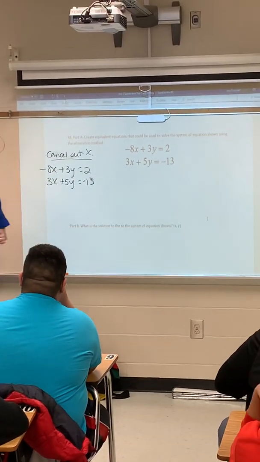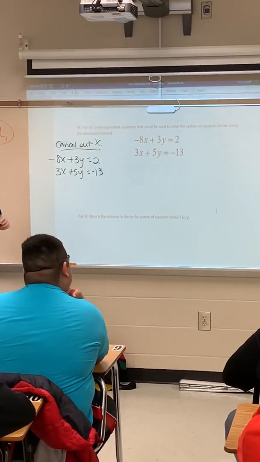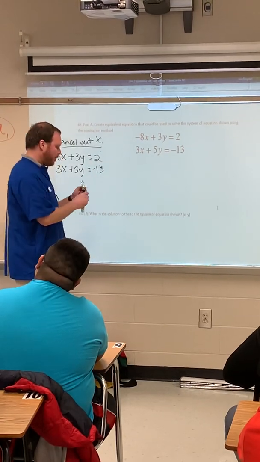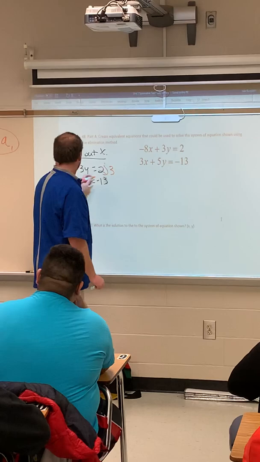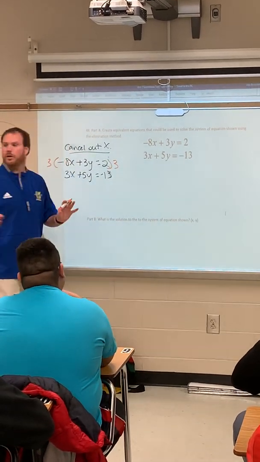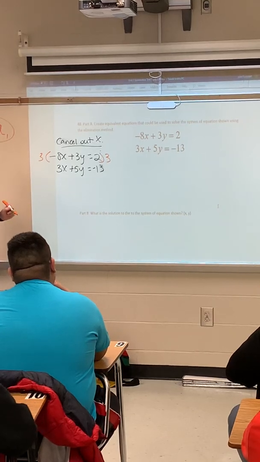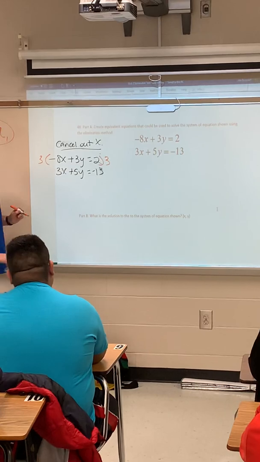So if I need both of these to be 24, what do I need to multiply the top by? 3. Okay, correct. Multiply the entire top equation by 3. Are we good on that? Got any questions? Because we're trying to cancel out x here. So then what does the bottom equation need to be multiplied by? -8. Say it again. -8.